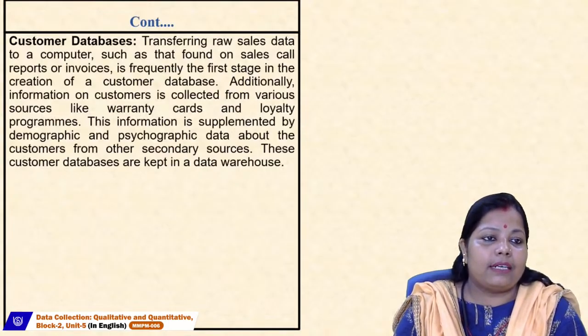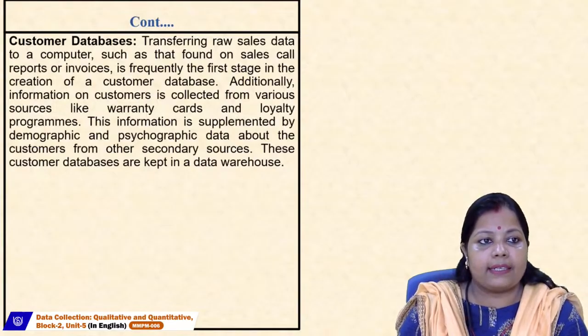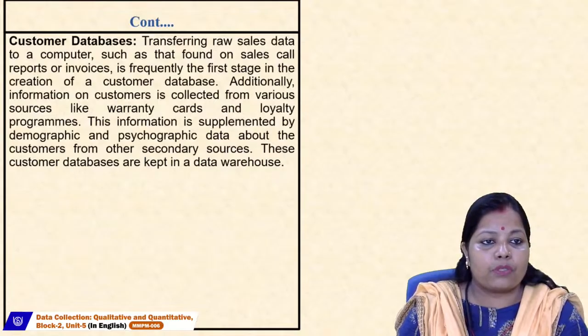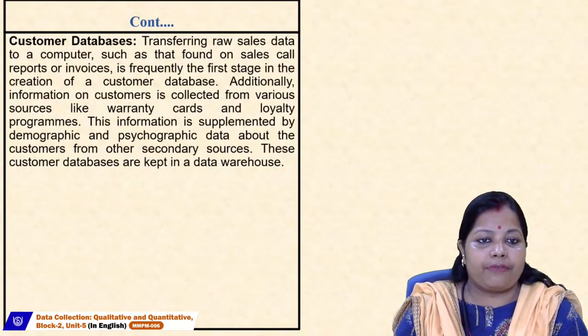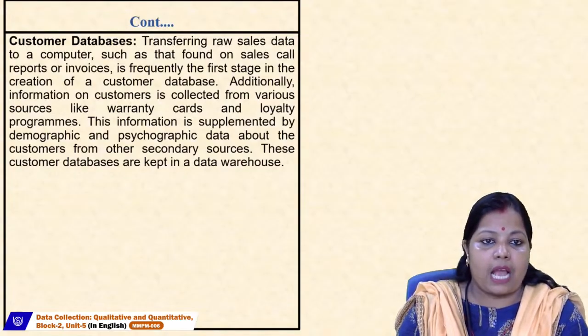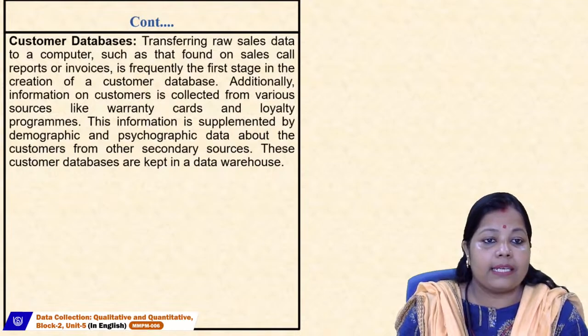Then the third one is the customer database, where transferring raw sales data to a computer, such as that found on sales call reports or invoices, is frequently the first stage in the creation of the customer database. Additionally, information on customers is collected from various sources like warranty cards and loyalty programs.